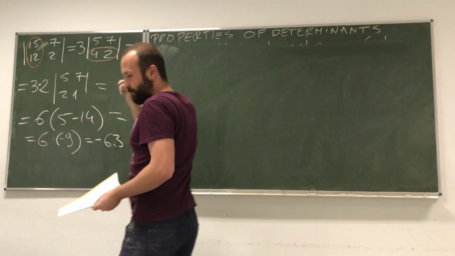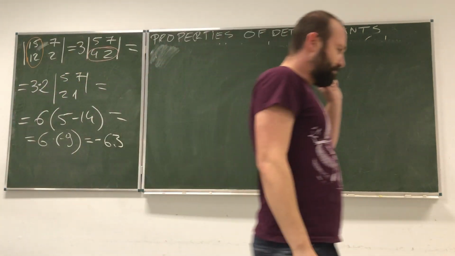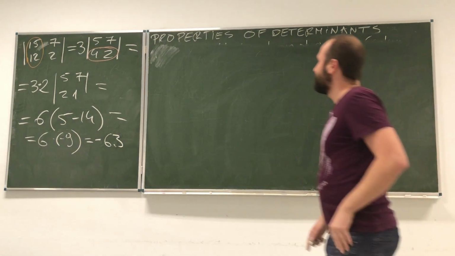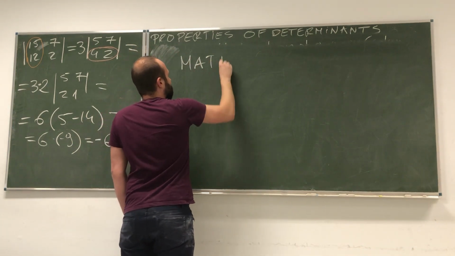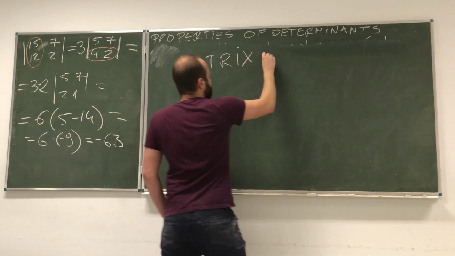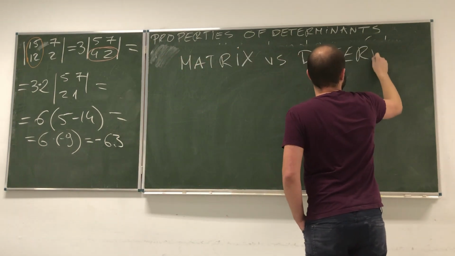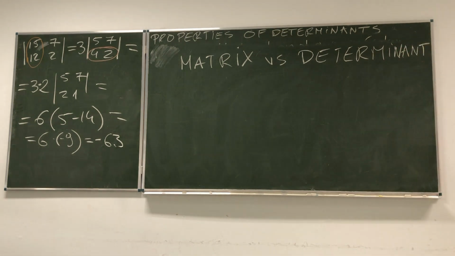Oh, you know what? One more thing. Look, we should notice at this moment that multiplying a matrix or multiplying a determinant by a number is a completely different thing. So, matrix versus determinant. Let's note this very simple thing.